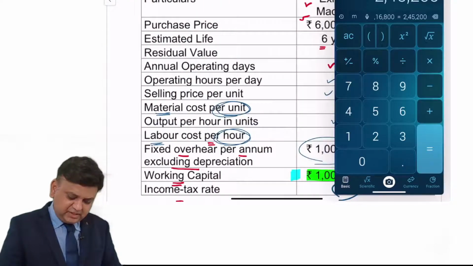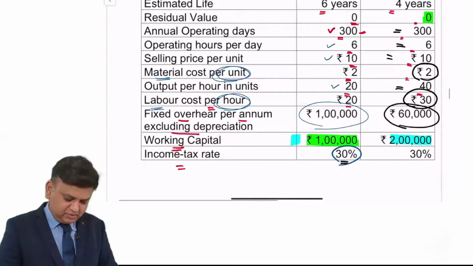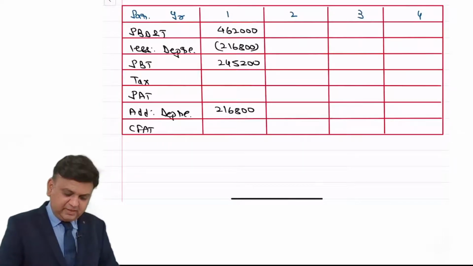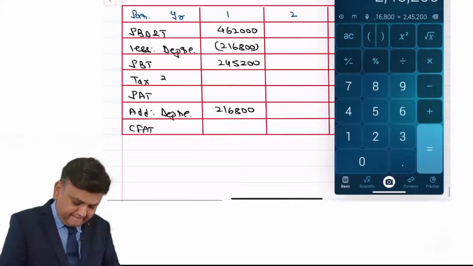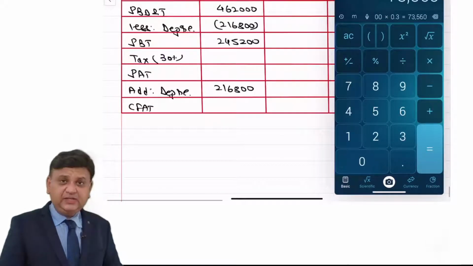Income tax rate information is given to us. Income tax rate is 30 percent. So the income tax liability at the rate of 30% will be found. That is 73560.